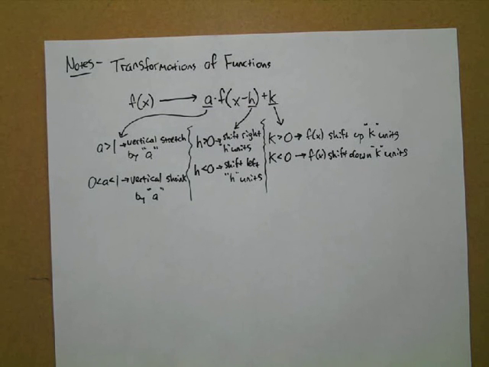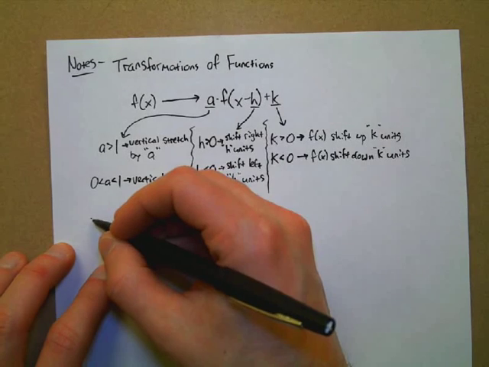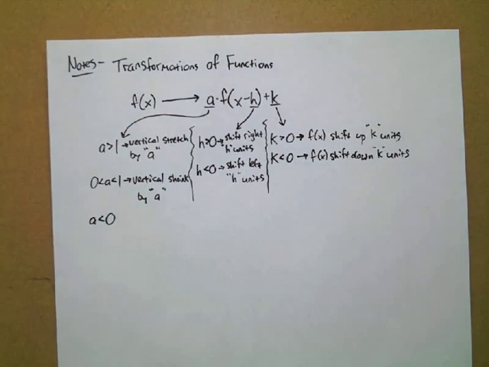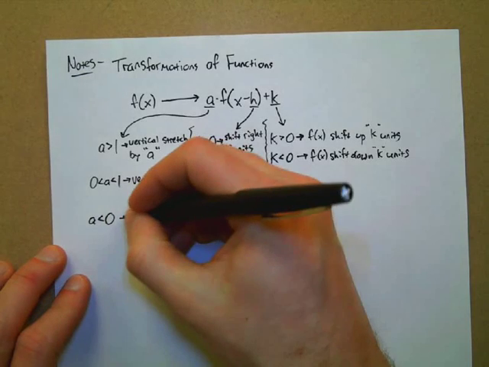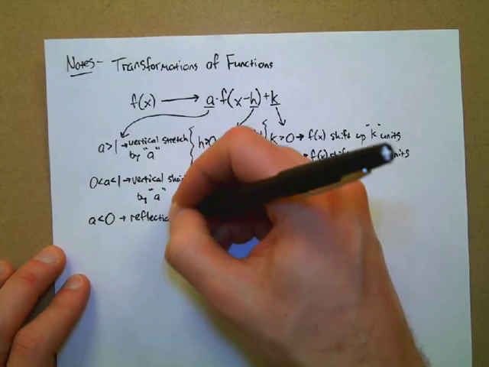Okay, and then if A is negative, so let's put A less than 0, that is a reflection over the x-axis.